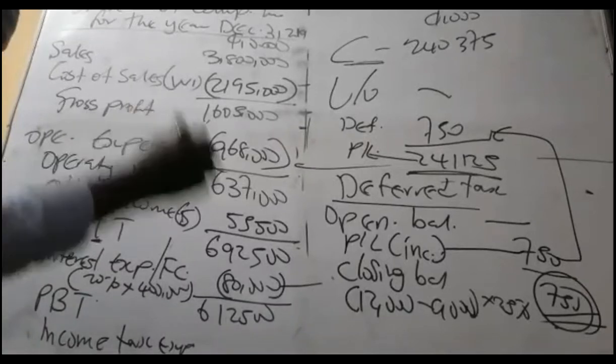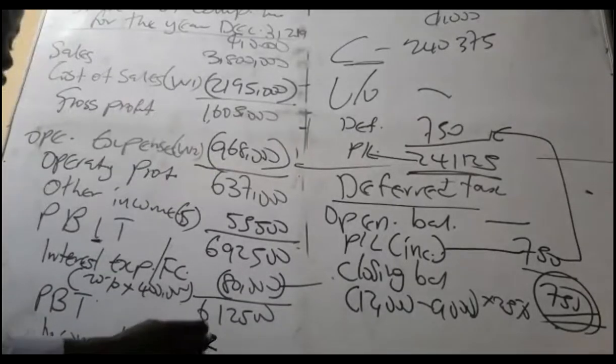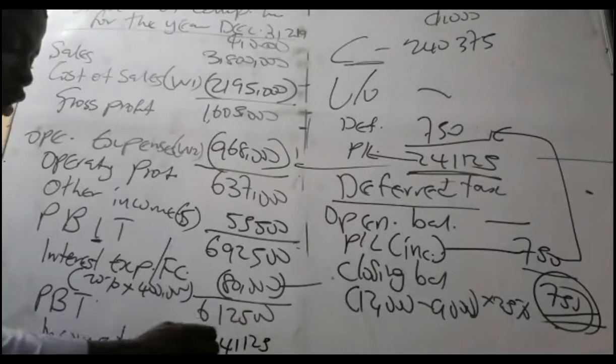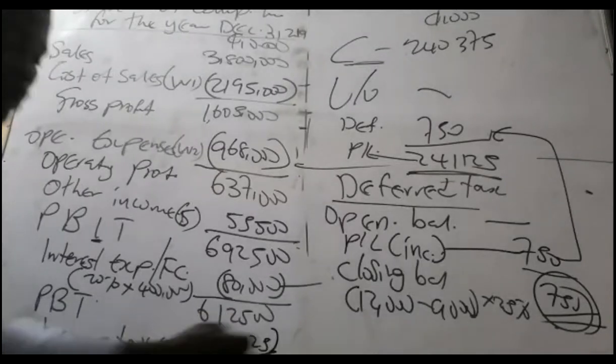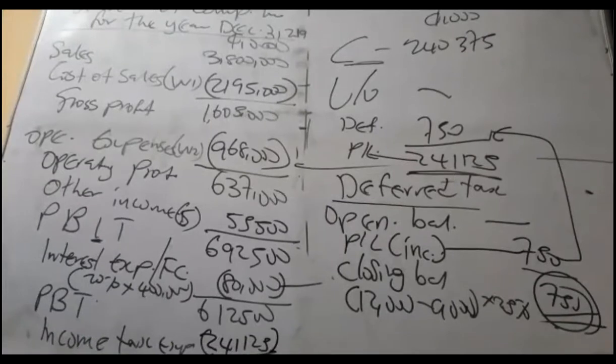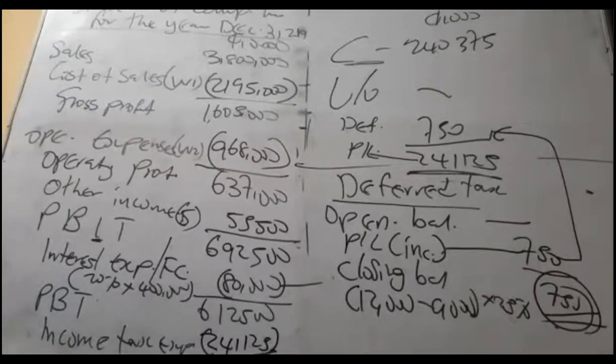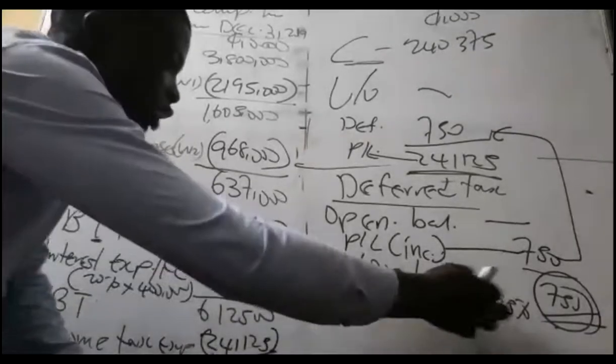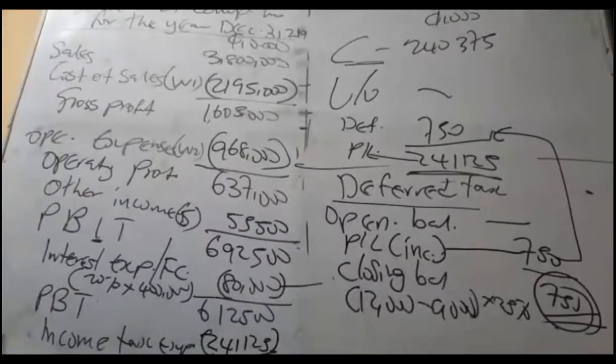Okay, so I'll put this figure here as 241,125. Next, what will be the profit after tax? In fact, the deferred tax balance, the closing balance, is a non-current liability.